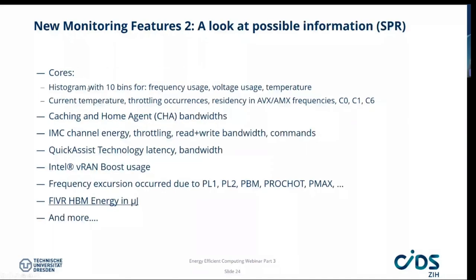What is stored there is histograms for each of the cores with 10 bins for frequency usage, voltage usage, temperature, AVX, and TMUL usage. You get the current temperature, the throttling occurrences, the residency in some frequencies and C-states, and other information, also for energy related information. For example, the fully integrated voltage regulator for the HBM, where you can get the energy of that in microjoules, which then complements the reading that you can get from RAPL.